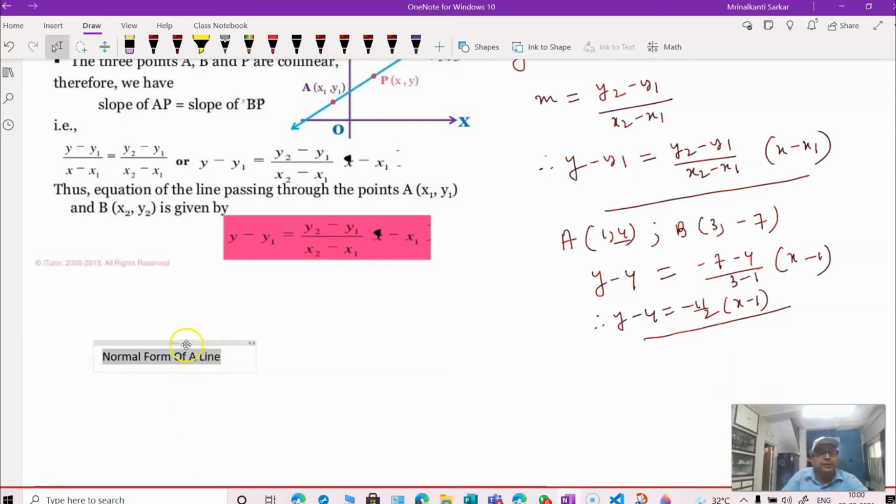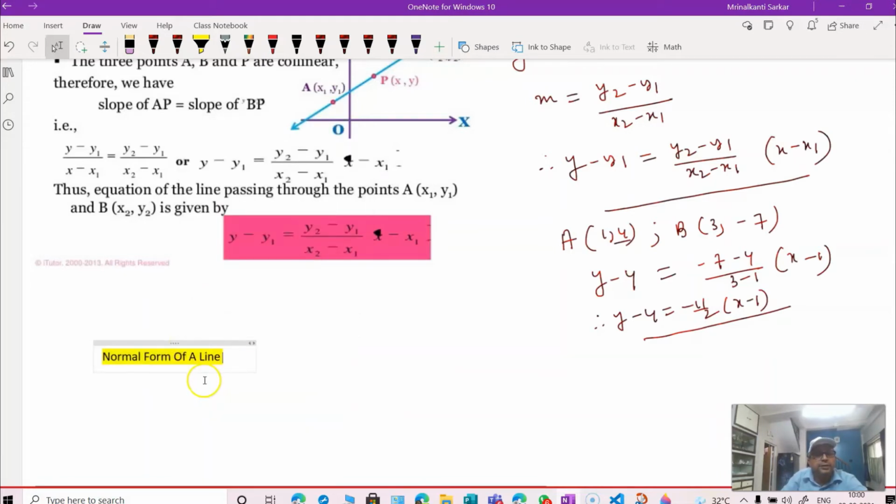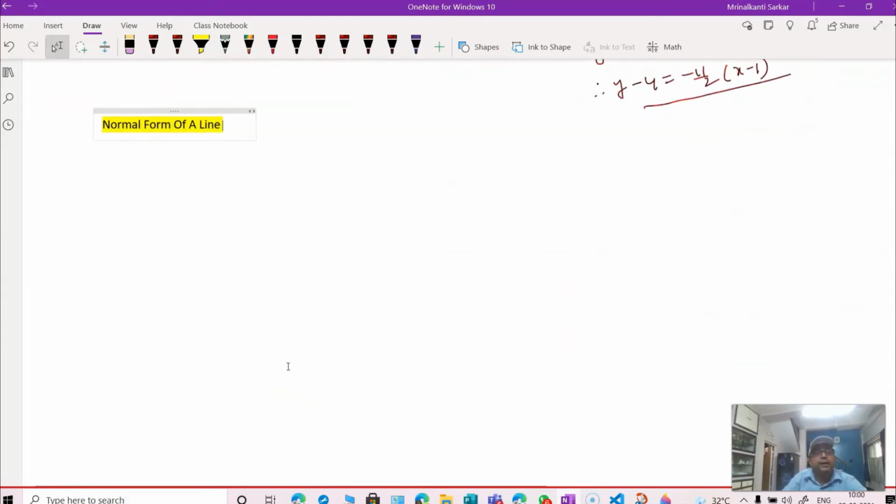whose perpendicular distance from origin is equal to P and the perpendicular makes an angle alpha with the x-axis.